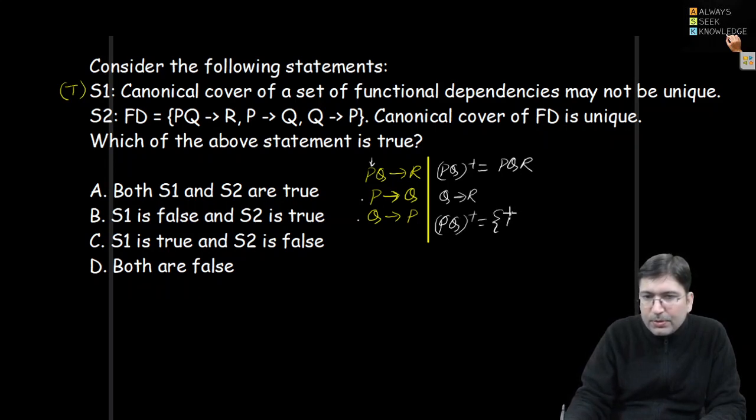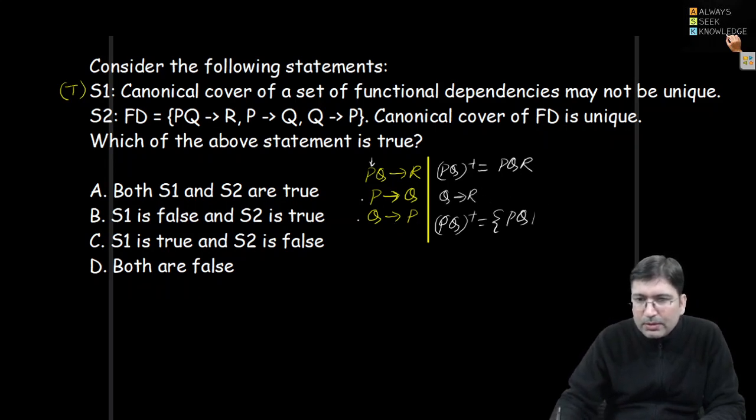In the closure of PQ we have PQ, fine, and Q can give us R. That means we are still able to get the same thing, even if we neglect P here. So this P is redundant. Whether we write it here or not, it does not affect.